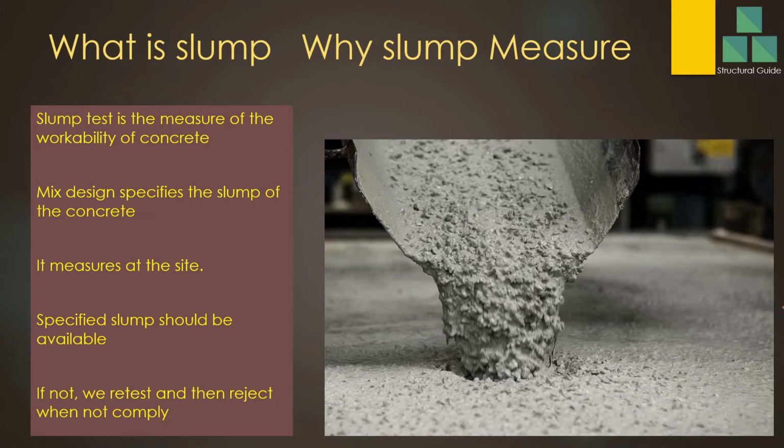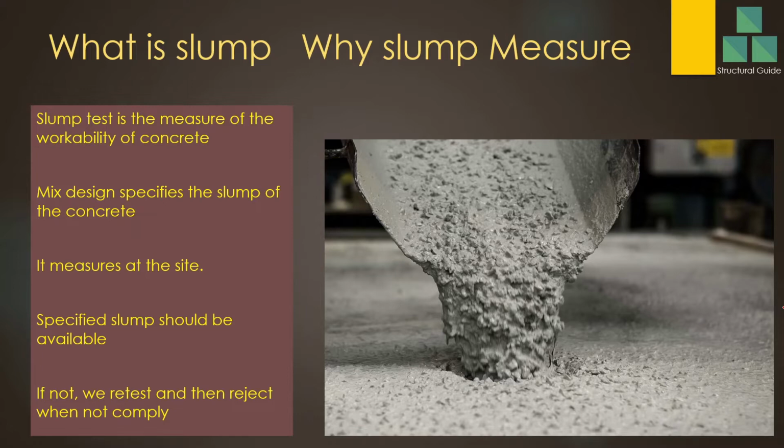Therefore, workability of the concrete is very important, and it is also very important to make sure the workability is there during the construction. The workability is represented by the slump of the concrete. Slump is specified during the mix design, depending on the nature of the construction. For example, if it is pumpable concrete, we need a higher slump.